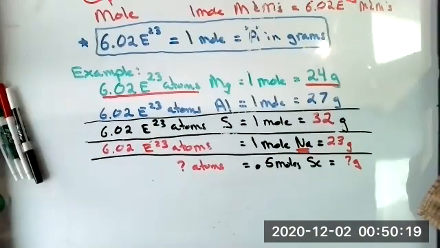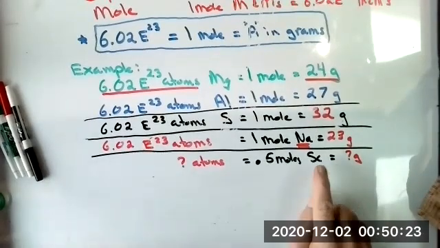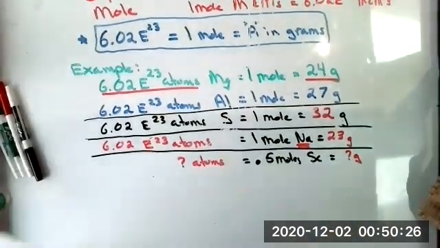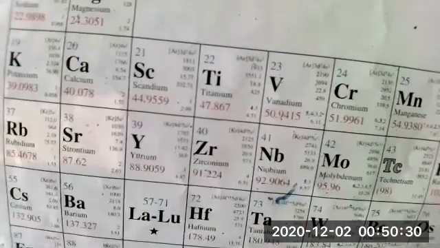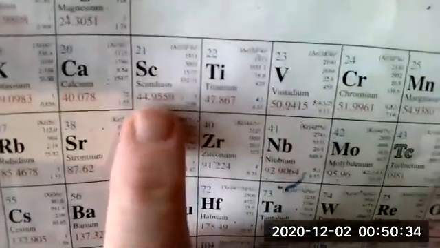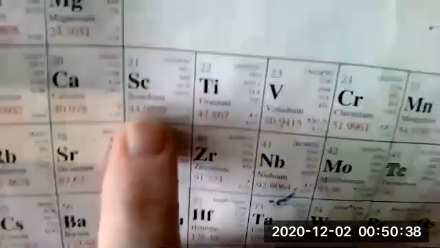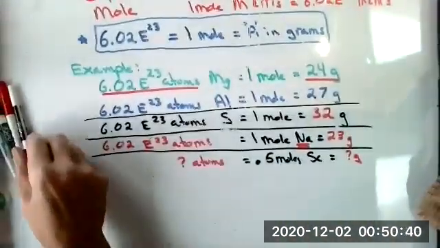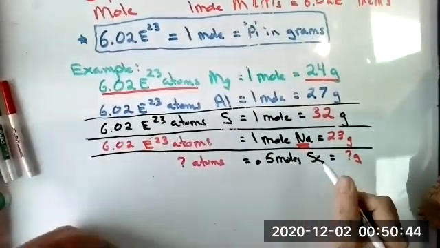Okay, so let's see what your thought process was. What was my atom? Oh, scandium. There he is. Look at that A number. Rounded off is 45. Well, let's see.